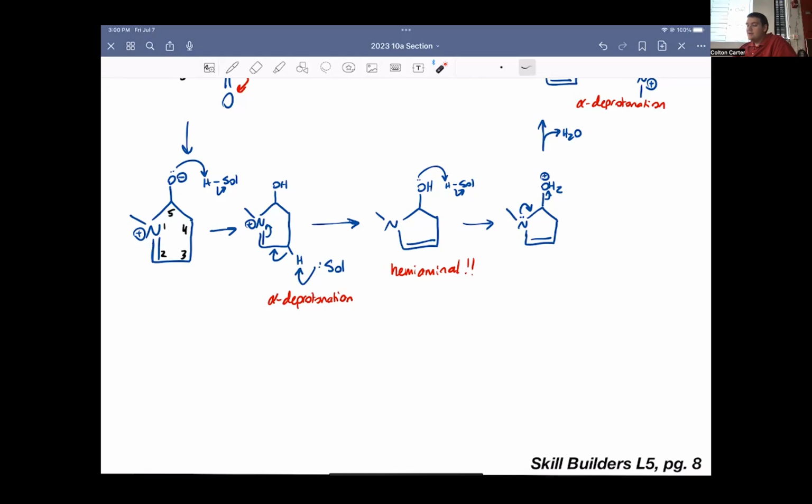last lecture but we haven't talked about in section yet, is taking an ester to a carboxylic acid. But what are other functional groups that we could turn into a carboxylic acid? Alcohols. And there's one more that we could turn into a carboxylic acid.